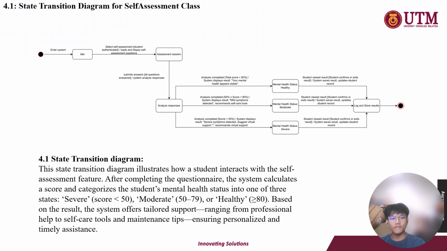If the score is below 50, the status is marked as severe, and the system flags the case, recommending immediate professional support. For scores between 50 and 79, the status is moderate, where the system suggests self-care tools and educational resources. If the score is 80 or above, the student is considered healthy, and the system encourages maintenance habits. This state-based system ensures each student receives support tailored to their mental health needs.